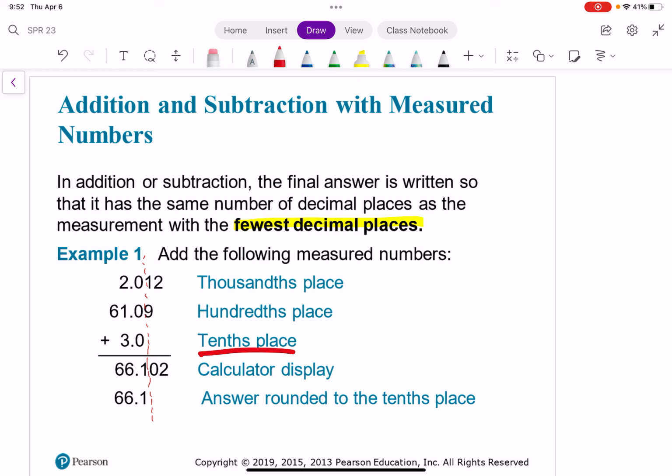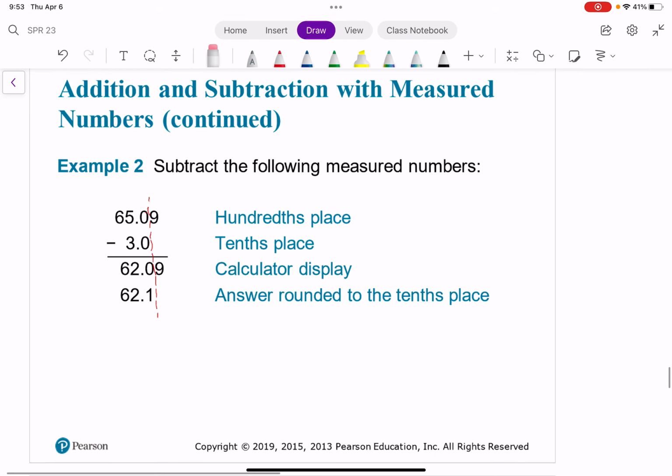When we add 2.012, 61.09, and 3.0, we put them in our calculator and then round our final display to the tenths place. We got 66.102, and we wanted just the tenths place. We look next door to the 0, and that's less than 5, so I'm just going to leave it at 66.1.